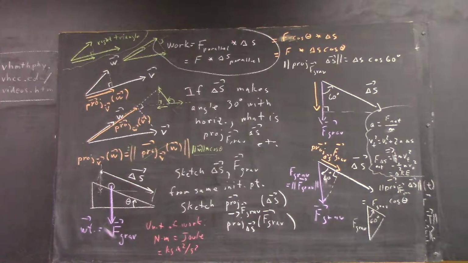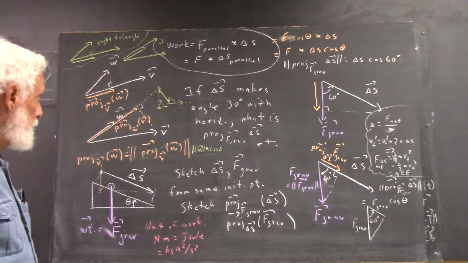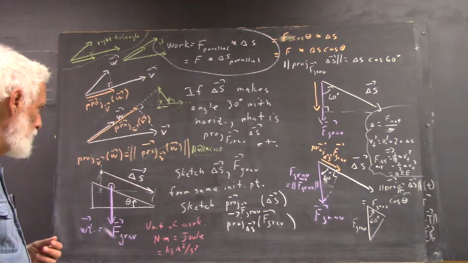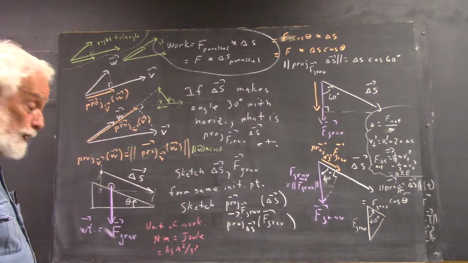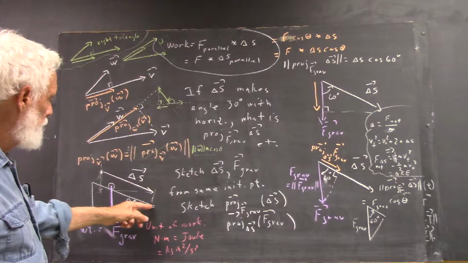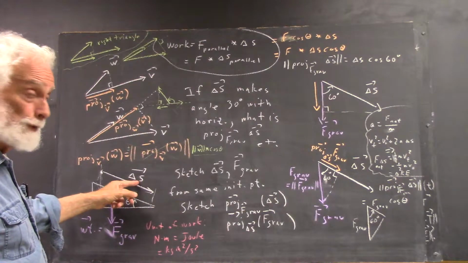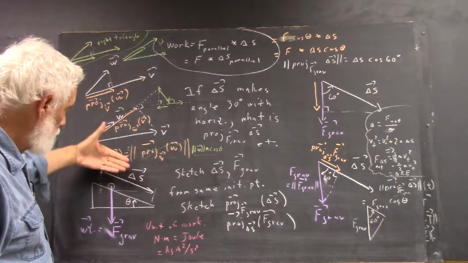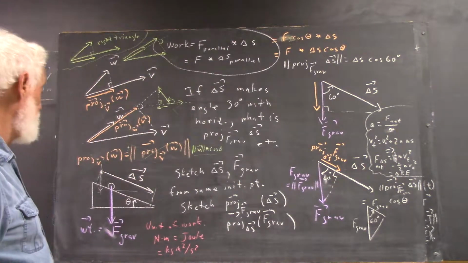what possible good is all of this? Okay, we've got some notation. Well, let's take a ball on an incline. And let's assume that the ball is going to move from here to here, so that our displacement vector is from here to here, although I drew it up a little higher. There's our displacement vector.